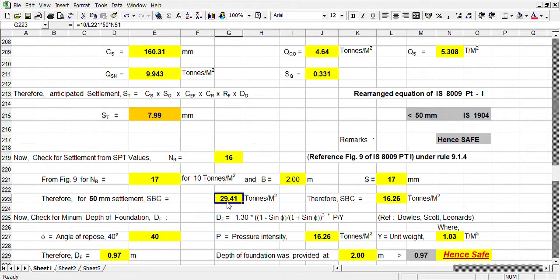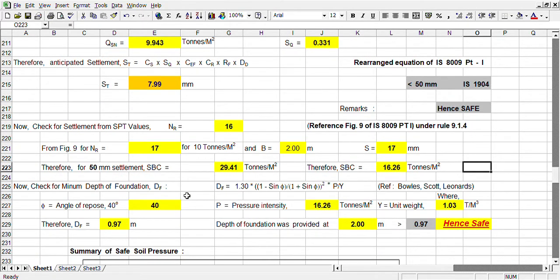This is 29.41. Therefore it is greater than 16.26. We consider it 16.26.